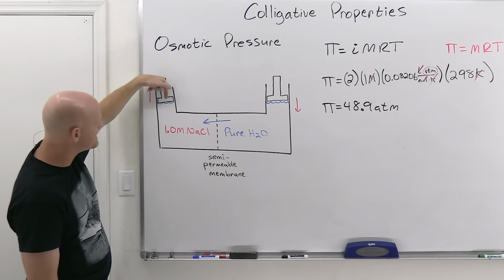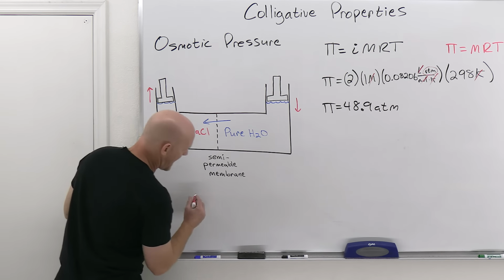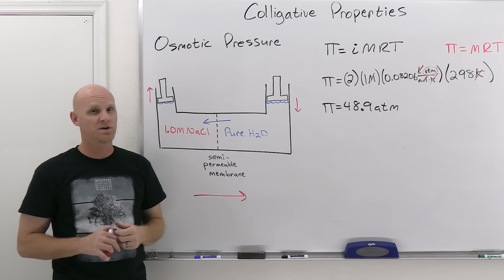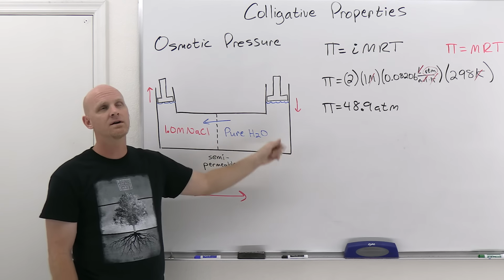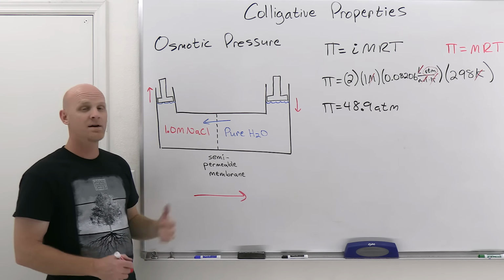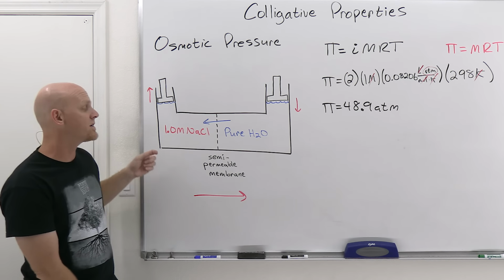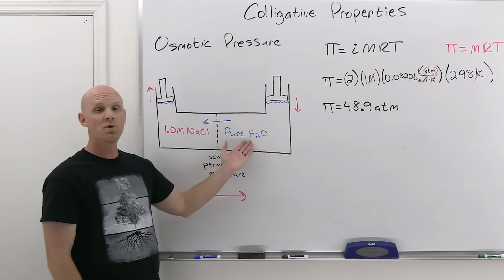And I'm going to push this piston down, and that's actually going to force some of this water back the opposite direction as what osmosis wants to do. And I'm going to end up with more purified water over here. And hopefully you've gotten the gist here that by applying a pressure greater than osmotic pressure, I cause water to travel in the opposite direction of what osmosis would do, and I make more purified water.